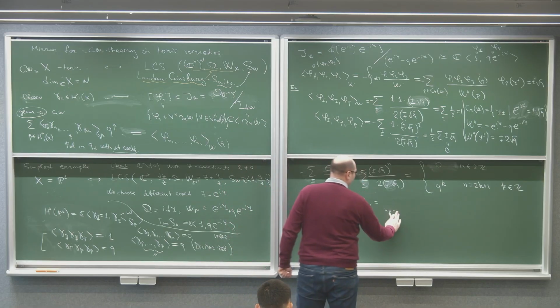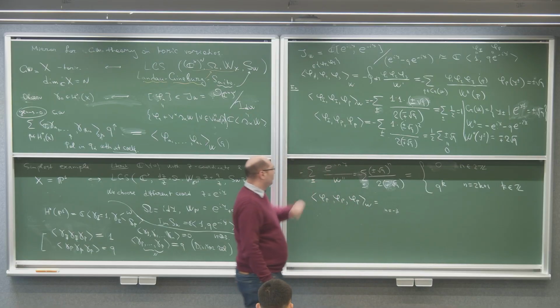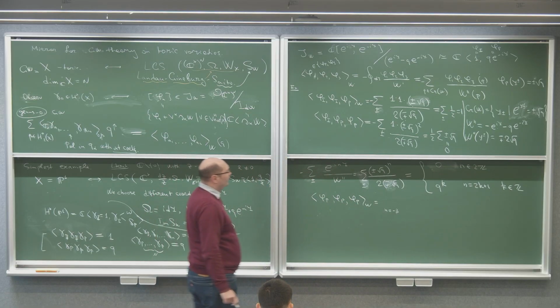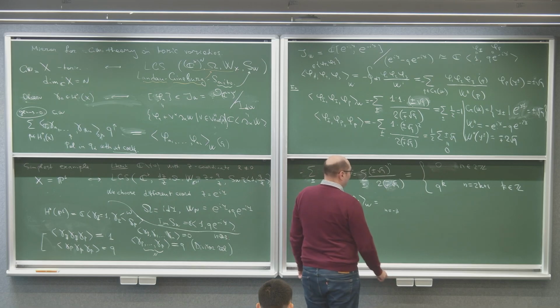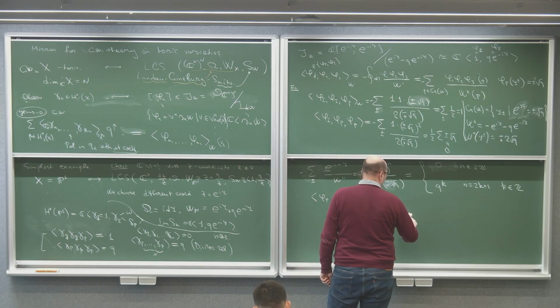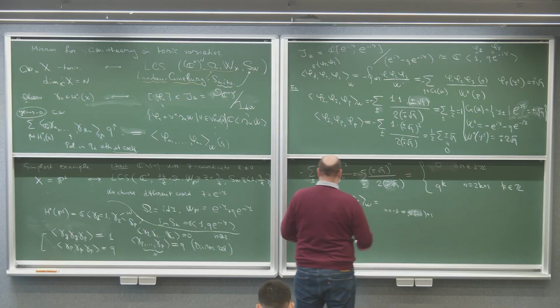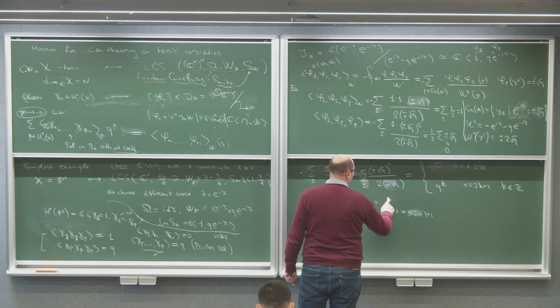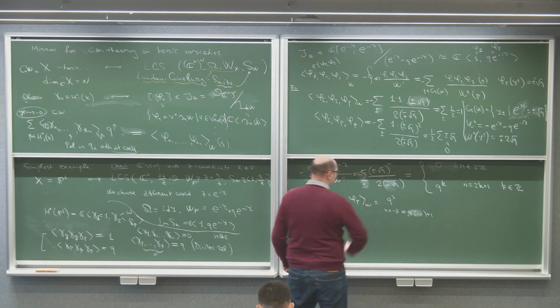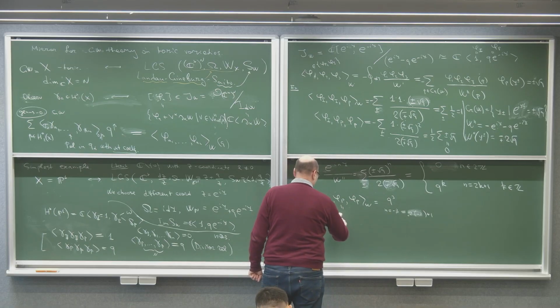So n equals -3, because we have a product of 3 e to the minus iy. So -3 means it's -2 times 2 times -2 plus 1. And we also have another power of q. So it will be q cubed, since this one is q times e to the minus iy.